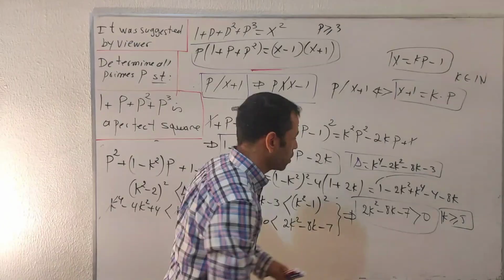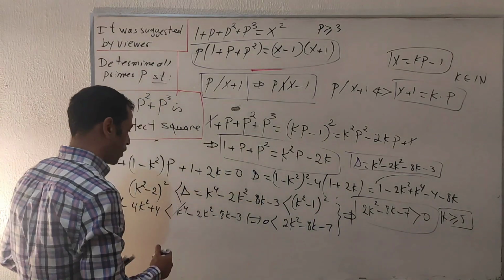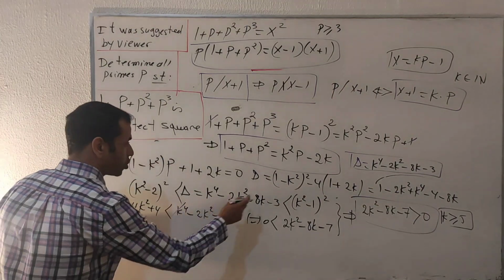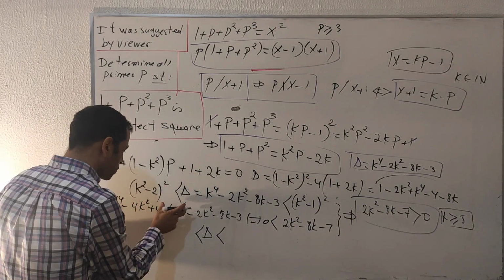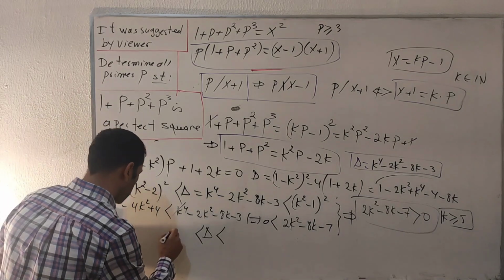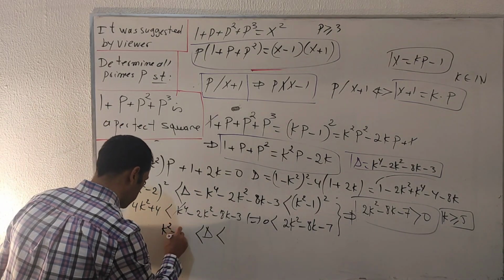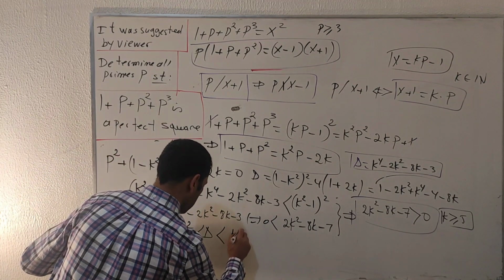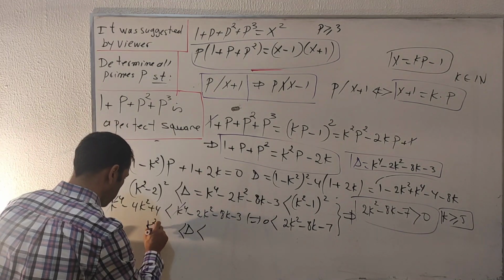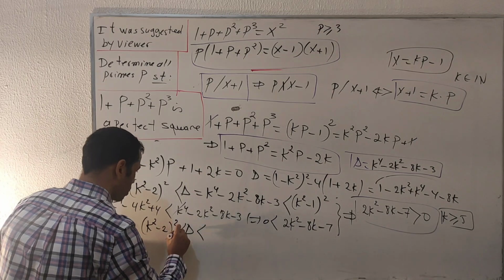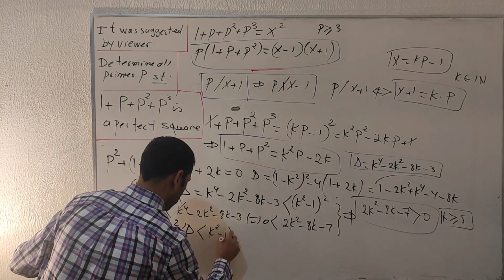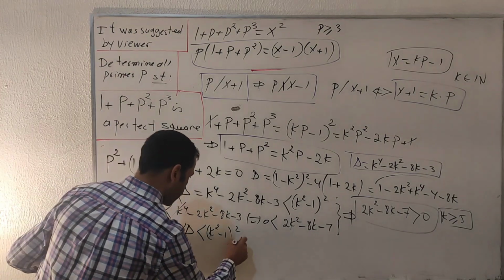This fact provides us with nice information: this delta is between two consecutive squares, (q squared minus 2) quantity squared and (q squared minus 1) quantity squared.